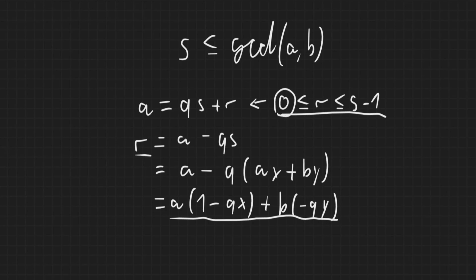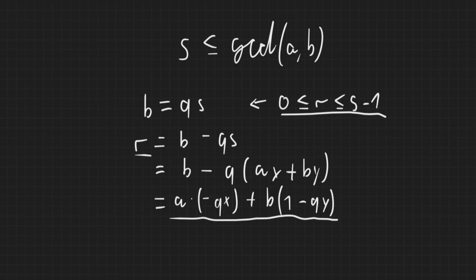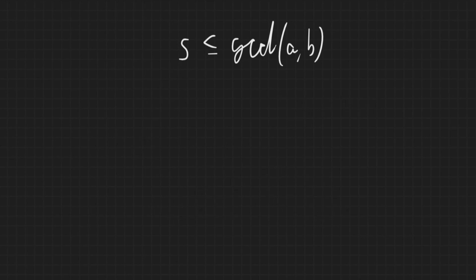Okay, so if r is 0, then we can write a as q times s, and therefore a is a multiple of s, or in other words, s divides a. And simply by swapping a and b, we can also show that s divides b using exactly the same argument. So to summarize, s divides a, this line simply means divides, and s also divides b.